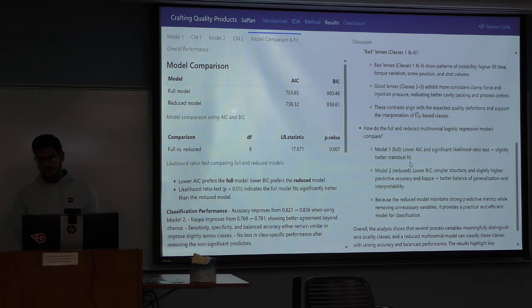Because the reduced model maintains strong predictive metrics while removing unnecessary variables, it provides a practical and efficient model for the classification. We could always use other models, like a random forest, to make it more accurate, but I was using a similar model to what we use in our classes.